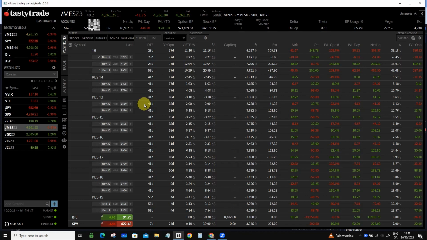So today might be a good point to see the difference between the 1-to-1 and your classic 1-1-2. The 1-1-2 will be showing profit on the put debit spread as well, but that's maxed usually at around $200 or so. And here we have this put debit spread that has been open for 4 days.